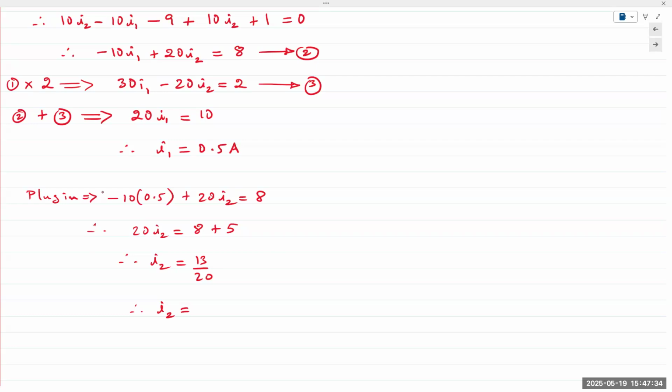Anyone with answers? You get 0.5, sorry, what is it? 0.5 for I1. And how about for I2? That's, well, what's the answer? What is 13 over 20? Anyone? 0.65. Oh, yeah. 13 over 2, yes.